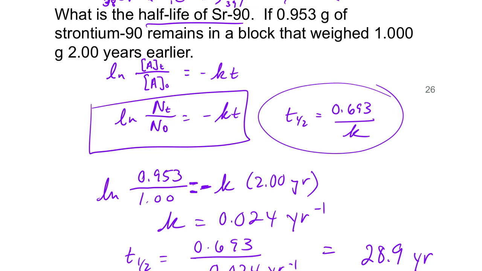All right. Let's do another one. In your notes, write this out here. Let's start with 1.000 grams of cobalt-60.